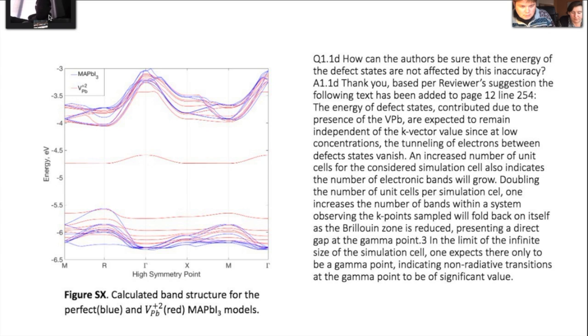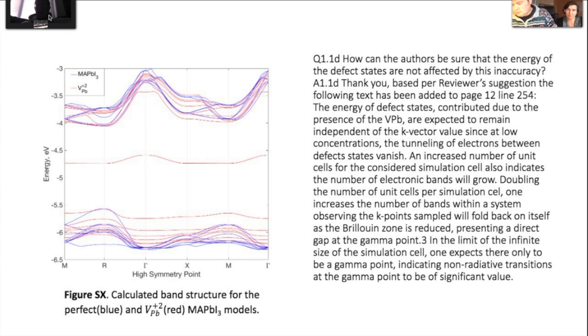What we were initially trying to describe to them was that this defect state is more or less going to maintain the same energy regardless of where in momentum space it is located. The main point is you can see that red line inside the band gap. It does show a little bit of energy shifting at the gamma point itself, but maintains a more or less relative energy throughout the system.